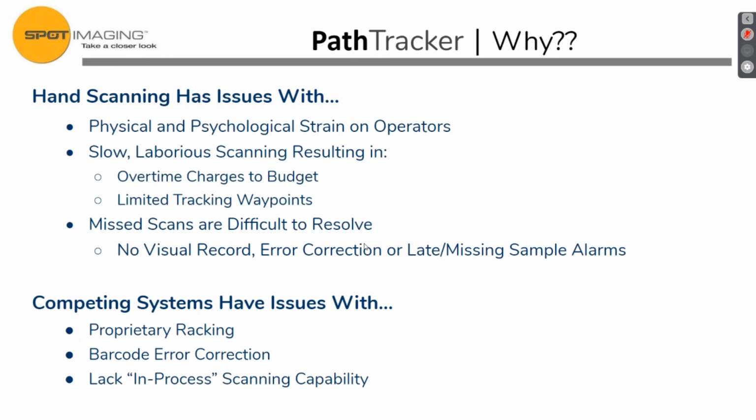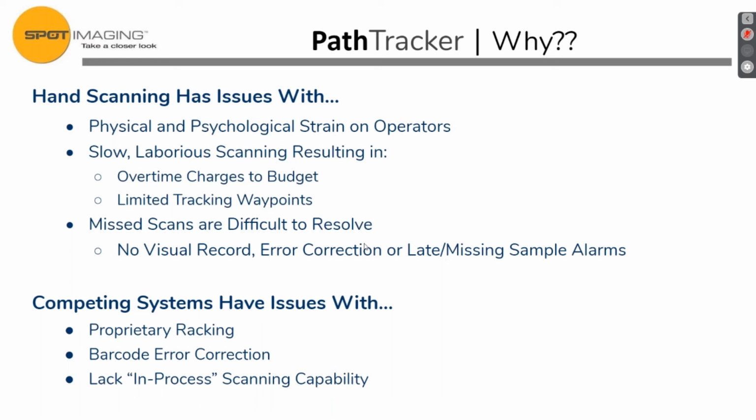You look down and there's a whole 150 barcodes or 20 barcodes down there, and basically either you start over, and that's maybe your only way you can do it. So there's no visual record, there's no error correction if you have a barcode there, and if a cassette is late or missing, it's generally very hard to have an alarm on it and know that it is.